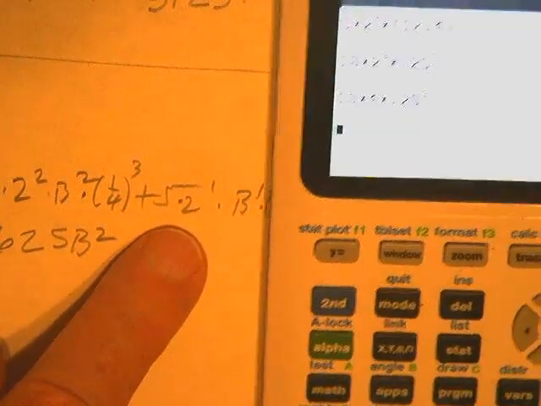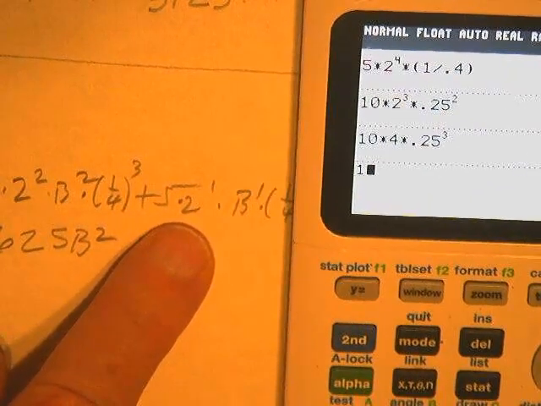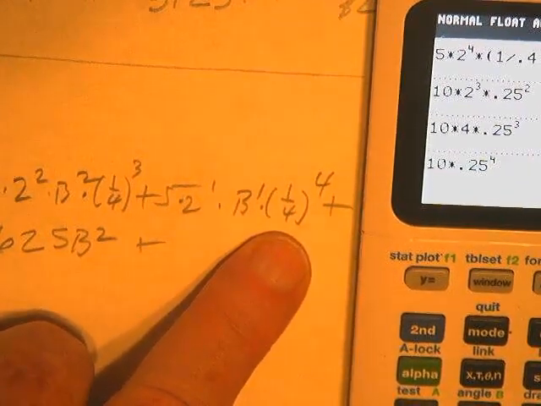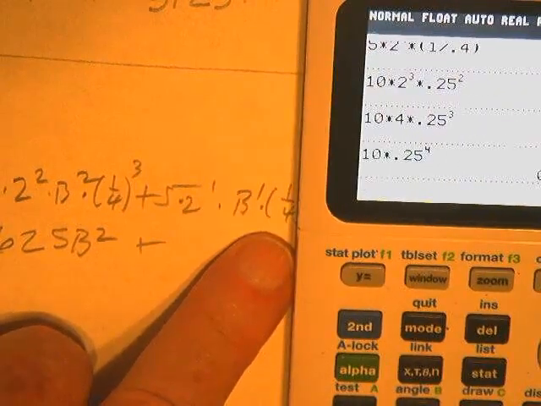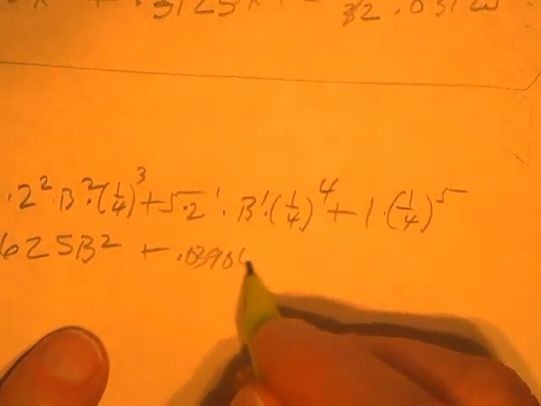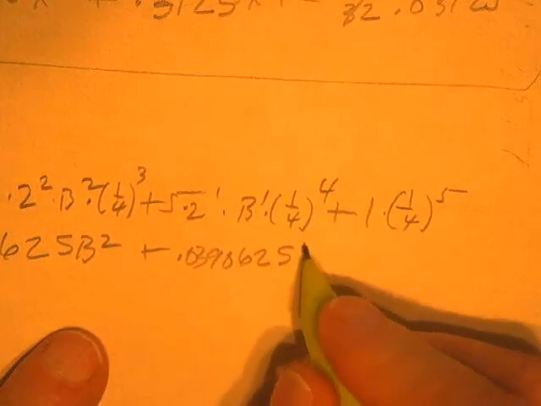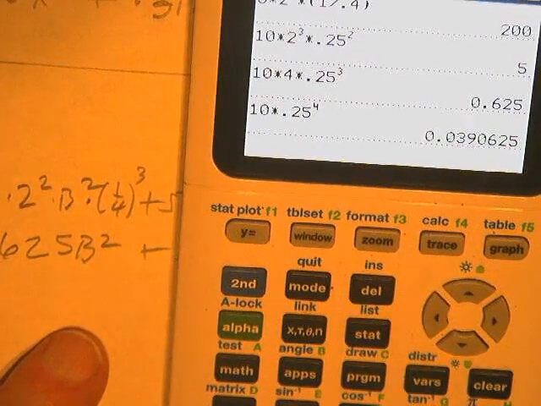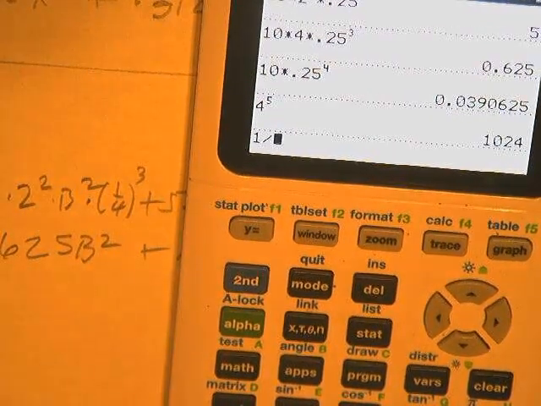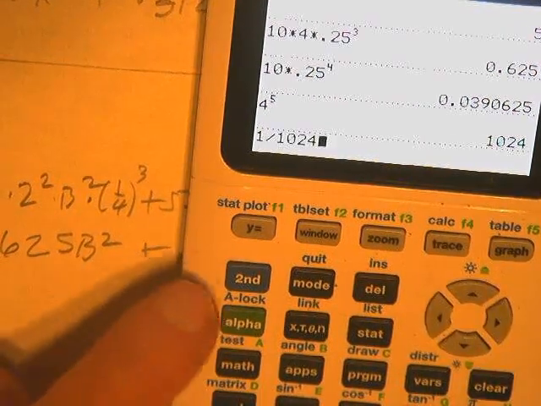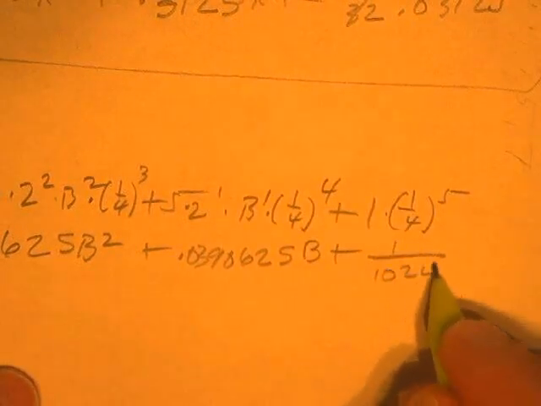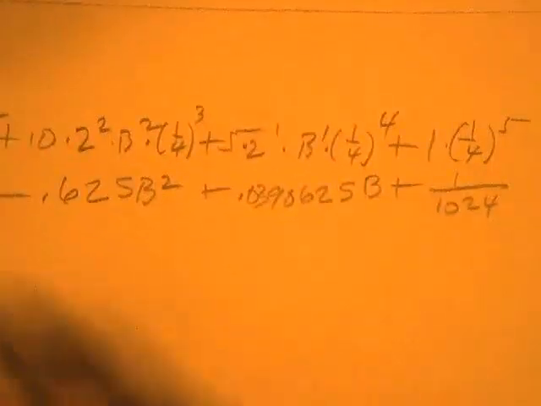Here I got 5 times 2, that's 10, times a quarter to the 4th, 0.0390625, right there. 0.0390625 b, and then I've got 4 to the 5th is 1,024. Ooh. How about 1 over 1,024? Sort of a crazy answer right there anyway.